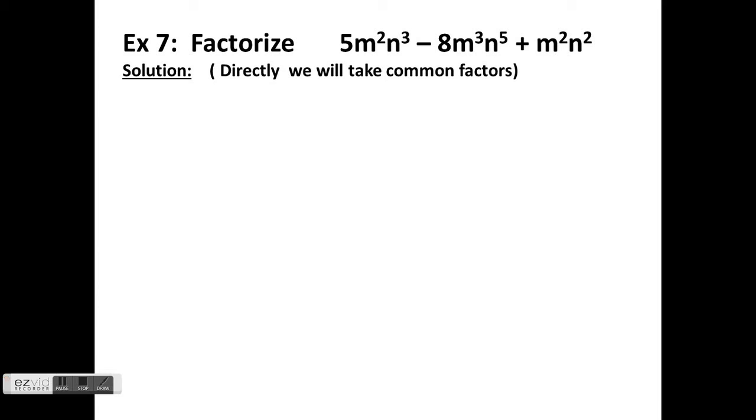Now see m square, m cube, m square. So m square is common. In all the terms, m square is common. Now see n cube, n to the power 5, n square. Here also n square is common. So we take m square n square common. We write the remaining.